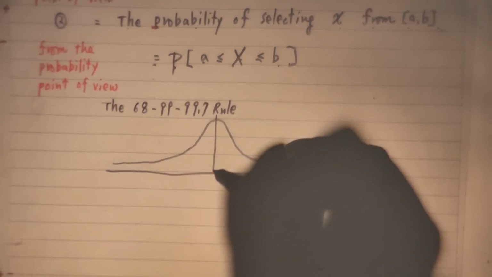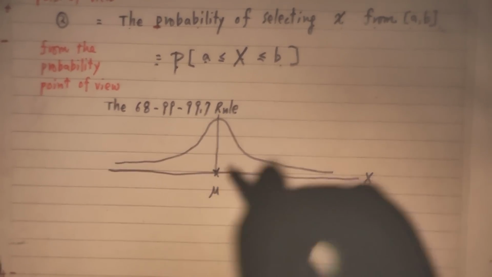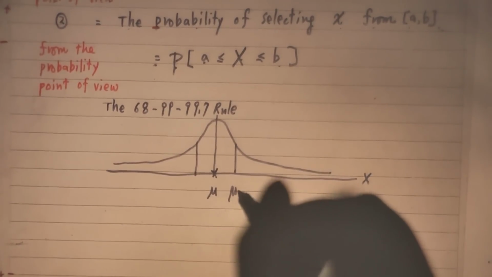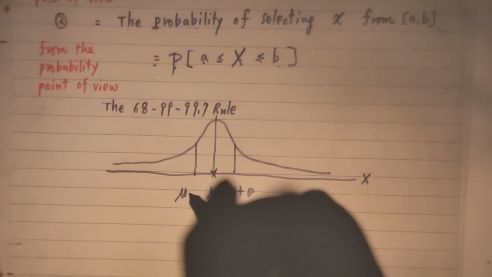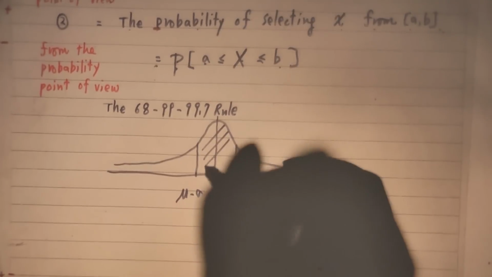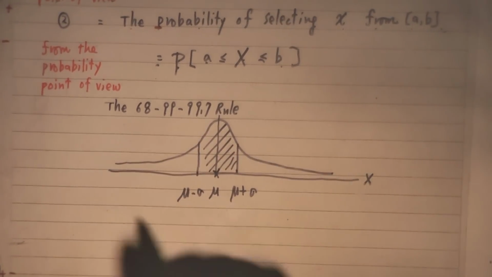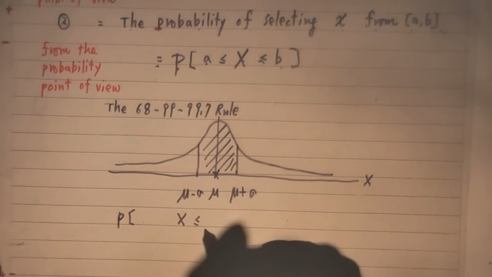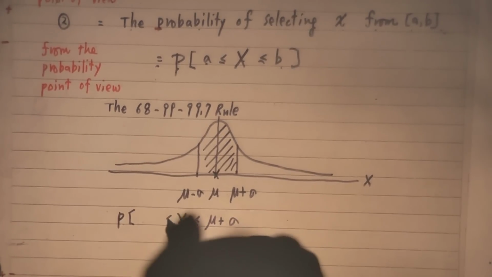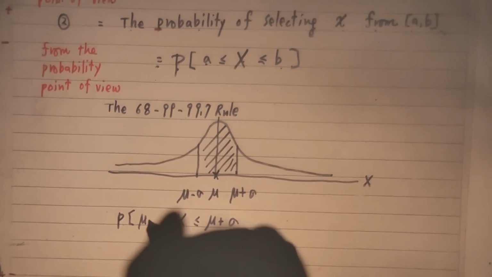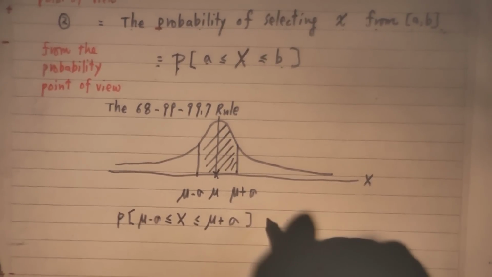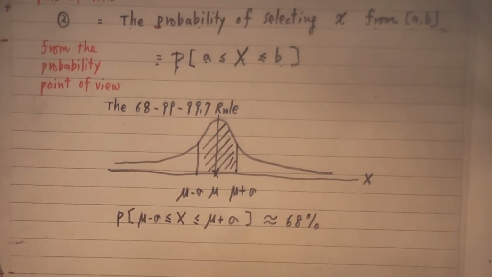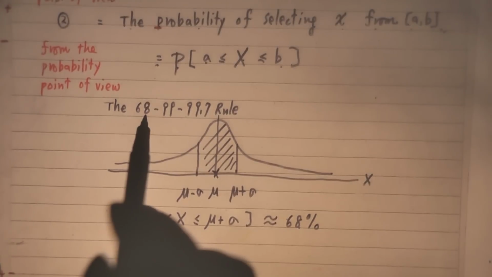Now, the center of the normal curve is mu. And here is an inflection point. So this is mu plus sigma. This is mu minus sigma. How big is this shady area? Well, we denote it by the probability that X is between mu minus sigma and mu plus sigma. This is roughly equal to 68%. Okay? That's why we see 68 here.